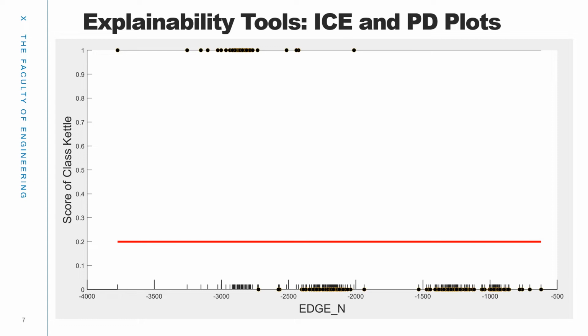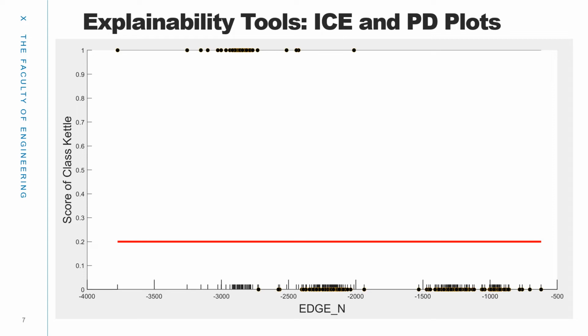We observe from this figure that there are some instances of Edge N feature focused on the region between negative 3700 watts and negative 2000 watts at the score of 1 on the y-axis. These show a very high impact on the prediction of keto.